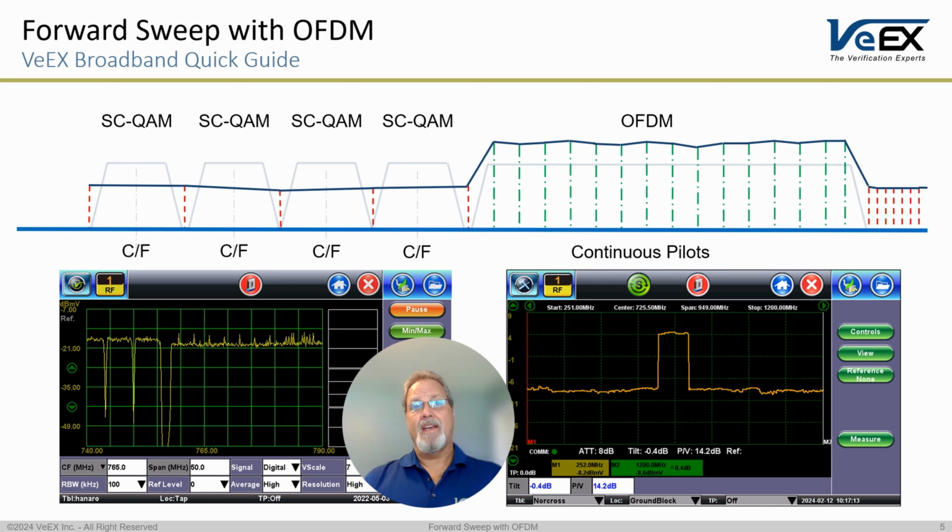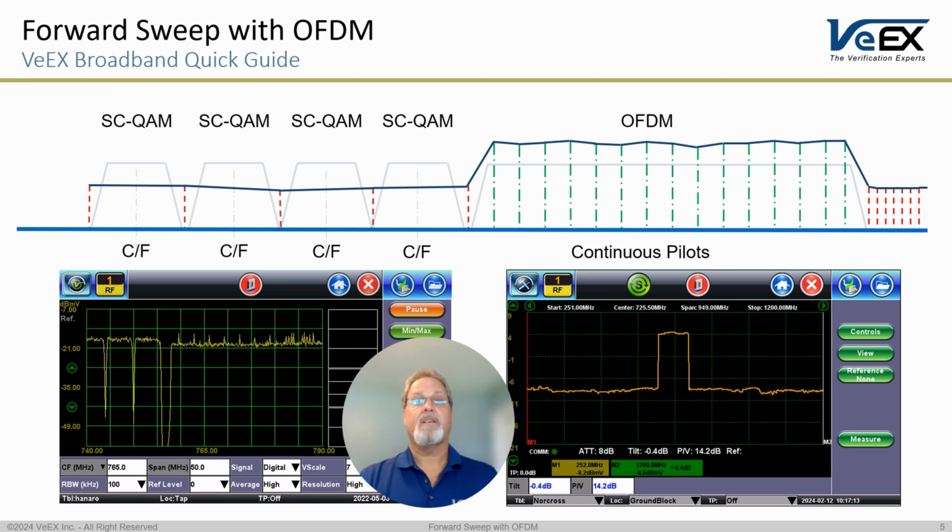So it's kind of like traditional sweep, where we generate the sweep tones, and sweepless sweep, where we measure across the top of the OFDM and combine the two together to give you a sweep trace of your whole plant, including in between all your QAMs, beyond your last channel and before your first channel, and across the OFDM.